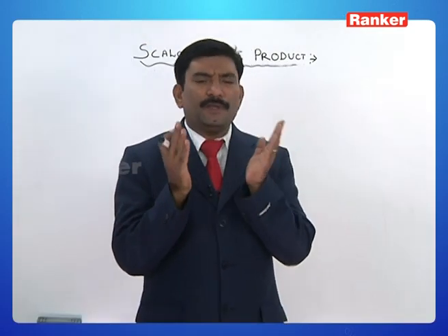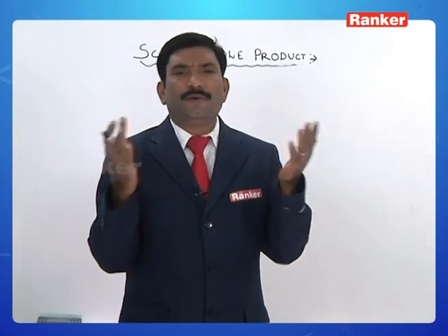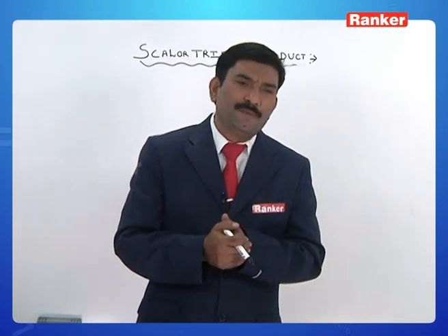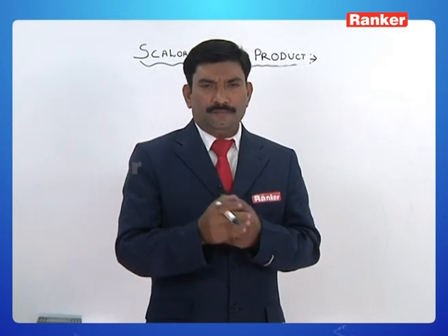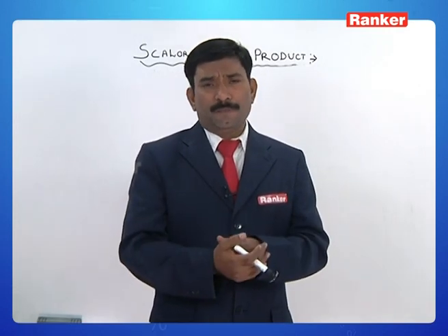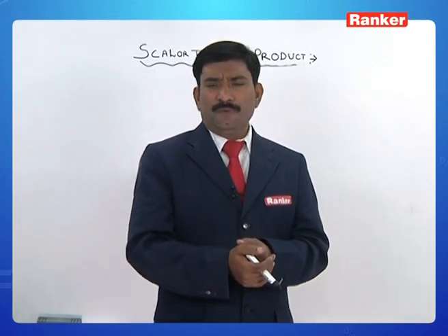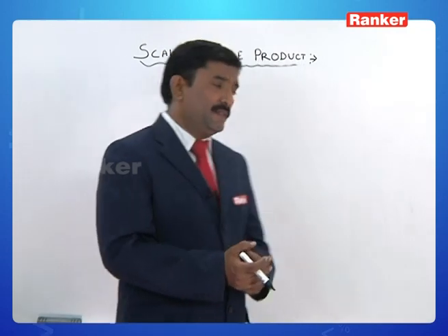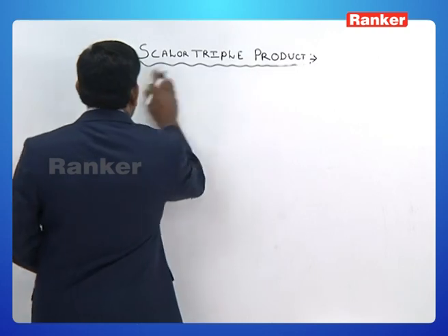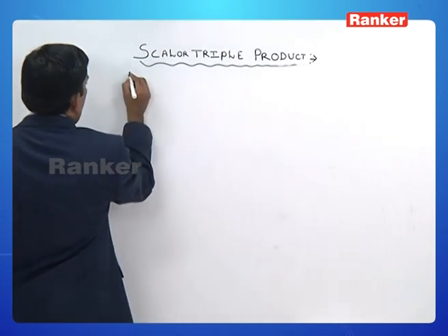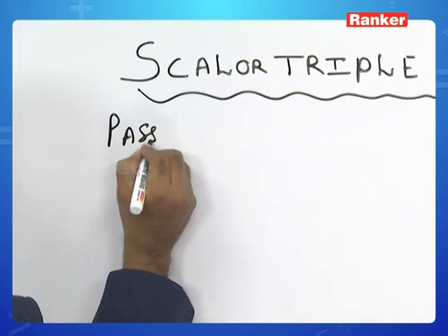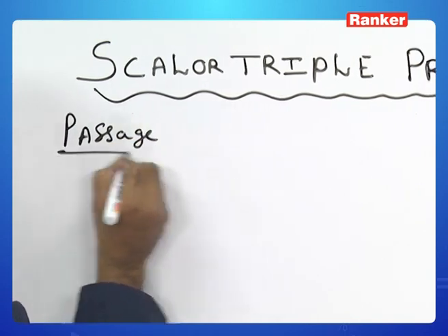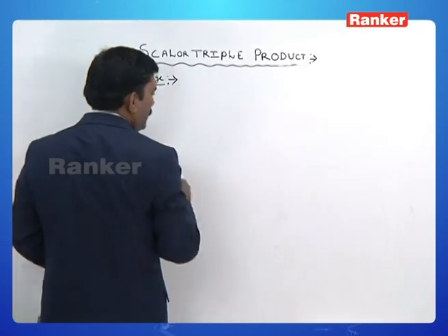We found the volume of a parallelepiped under different constraints, and under different conditions and parameters, we found the volume of a tetrahedron. Let us see what that is. I go to this one, it's a comprehension. So it is not problem oriented, it's concept oriented, right? Passage.